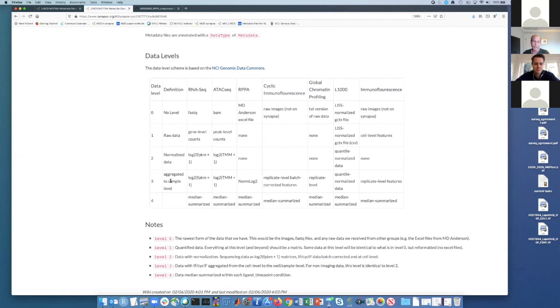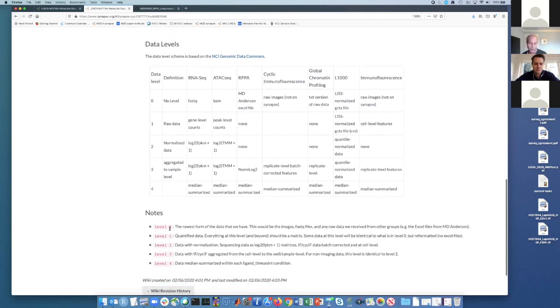It's at the replicate level. At these lower levels, because we're getting assays of different types, there's different processing and some slightly different definitions that need to fit in here. But we've laid out what we've done at these levels from 0, the rawest form, up to the median summarized for every ligand time point.